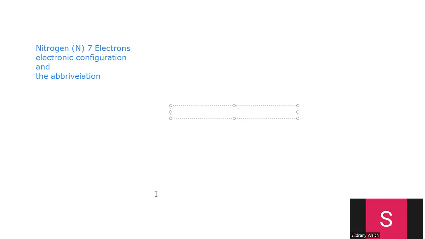The abbreviation is with the brackets of the previous element that has their shell full. So which is the element that has their shell full before nitrogen? Be. Nope. Would it be helium? Yes, helium, correct.